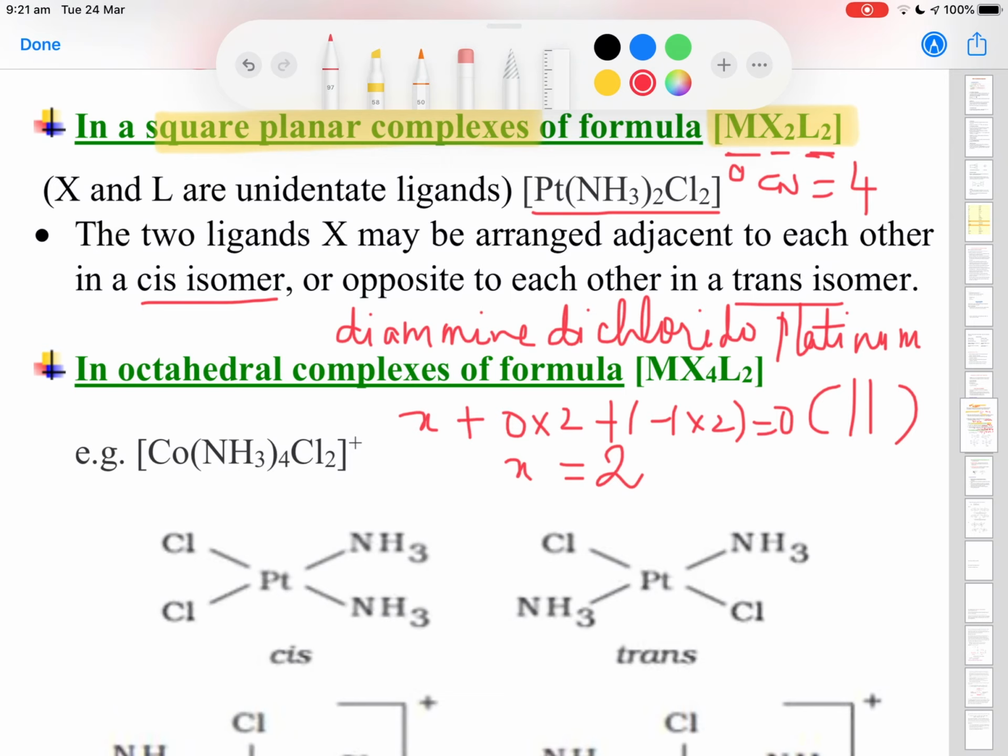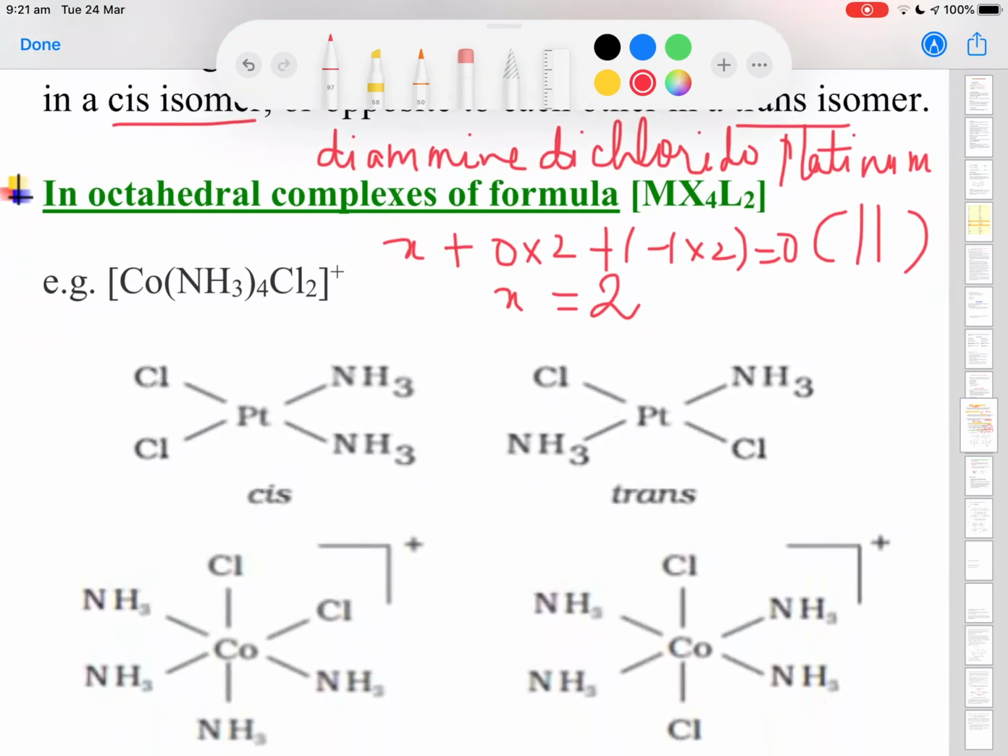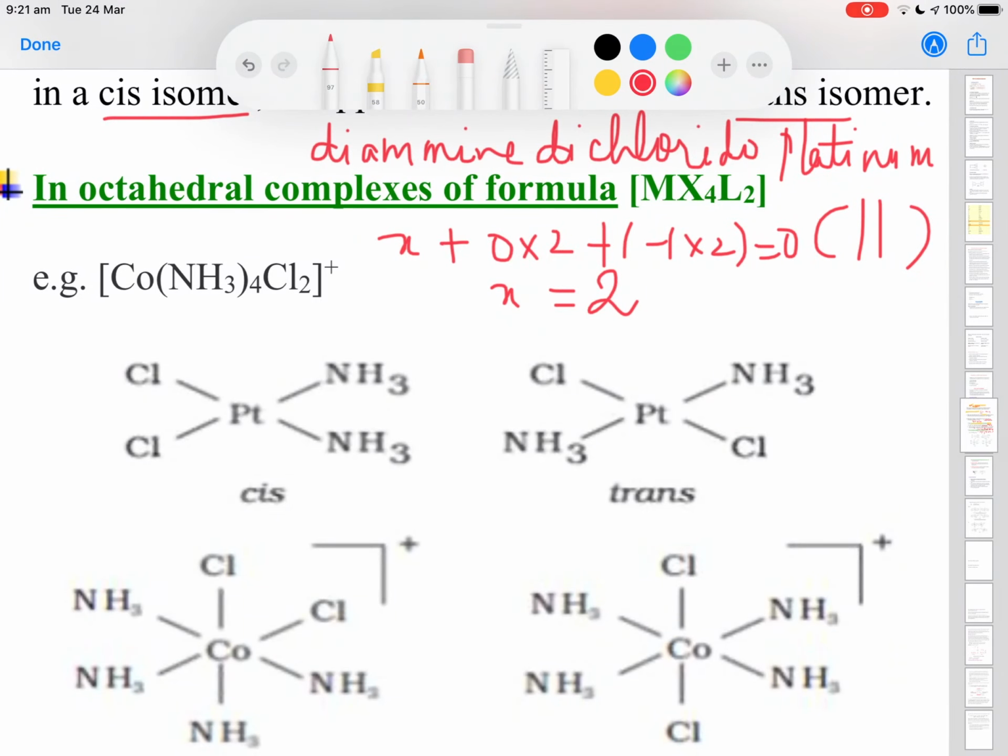Now if I want to write the cis isomer of this, cis means the two same type of ligands should be on the same side, as you can see here. NH3, that's the ammine ligand, is on the same side, and chlorido, the other type of ligand, is on the other side.